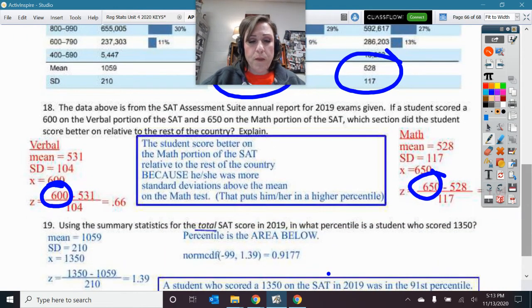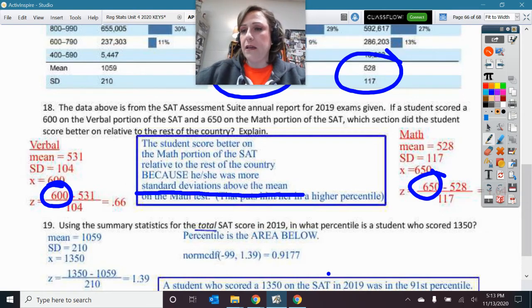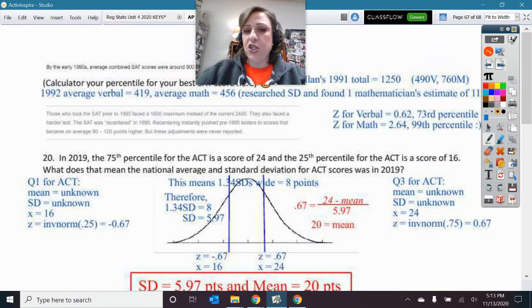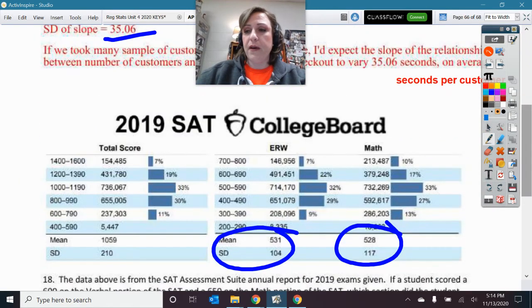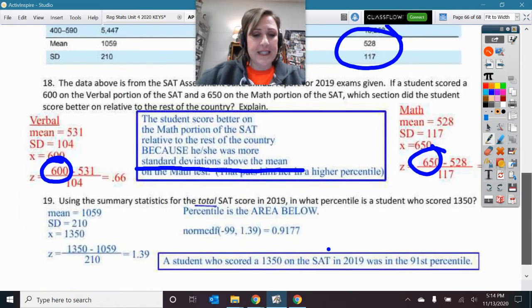The student scored better on the math portion relative to the rest of the country because this is more standard deviations above the mean, and ultimately that says you're in a higher percentile if you are more standard deviations above the mean. 1.04 compared to 0.66.